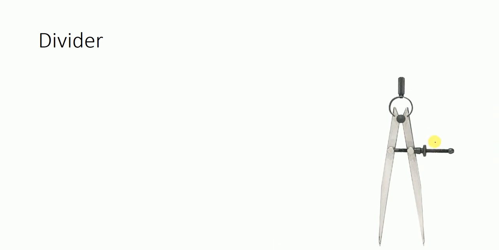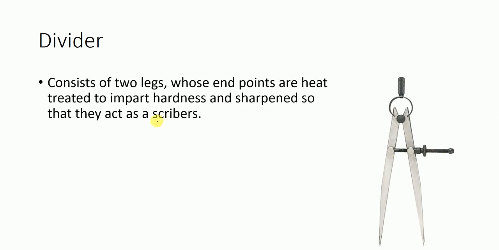So this is the picture of a divider. It consists of two legs whose end points are heat treated to impart hardness and sharpened so that they act as scribers. The divider is almost similar to the caliper, but at the end of these two legs sharp tips have been fitted.